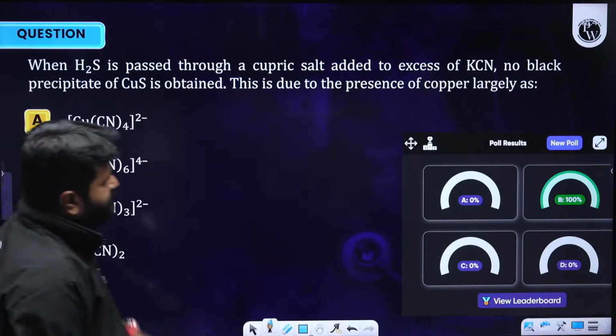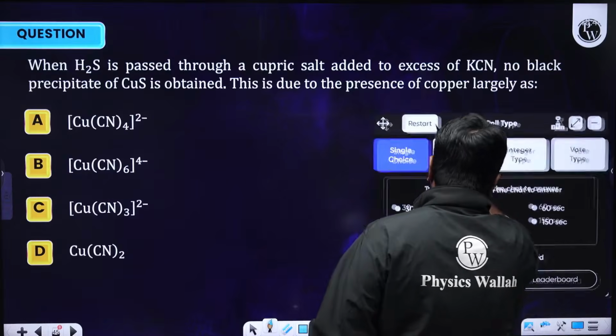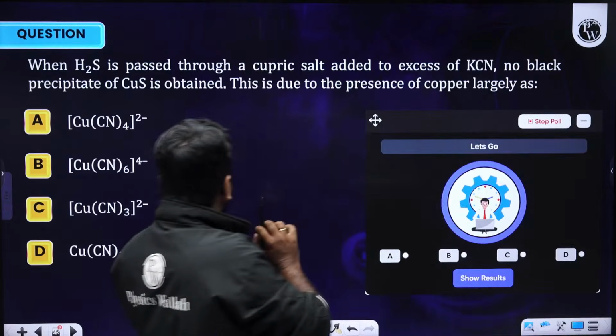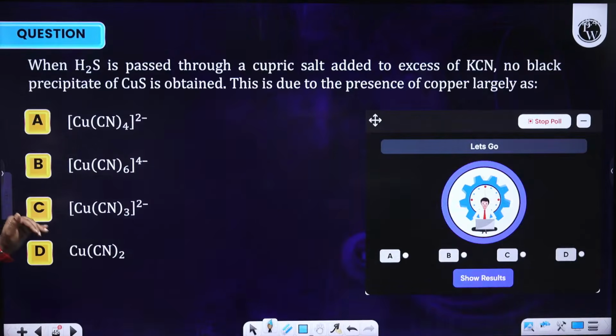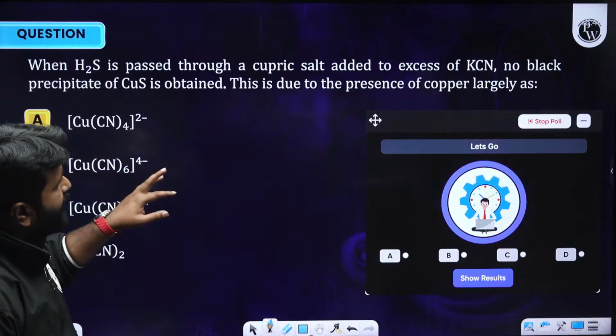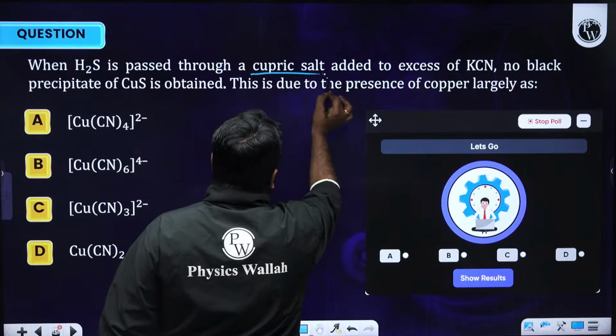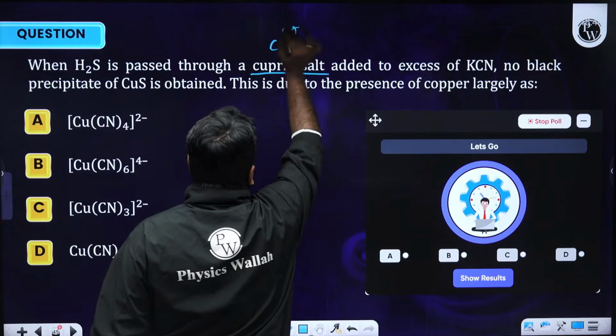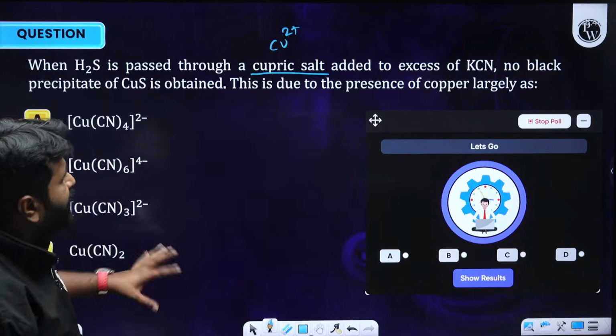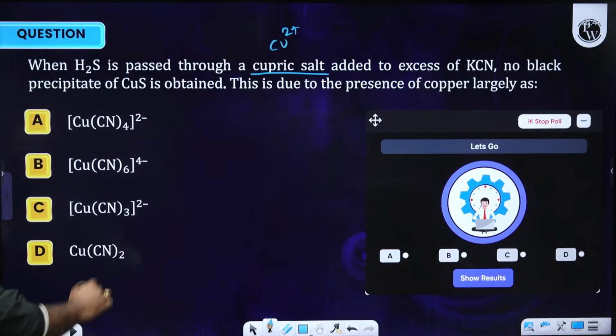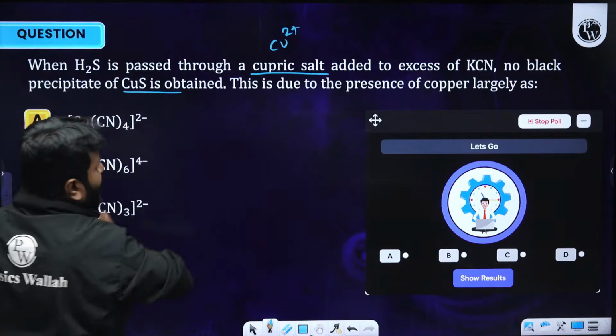This question, quick. You guys can see how actually I took the question. When H2S is passed through a cupric salt added to excess of KCN, remember, not cuprous, cupric salt, no black precipitate of CuS is obtained. Why?